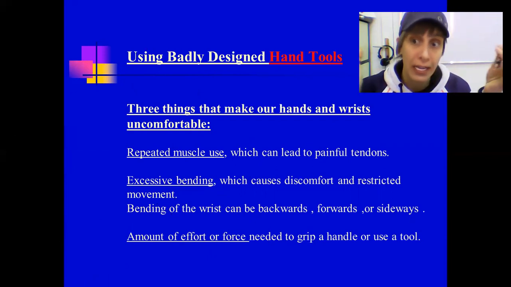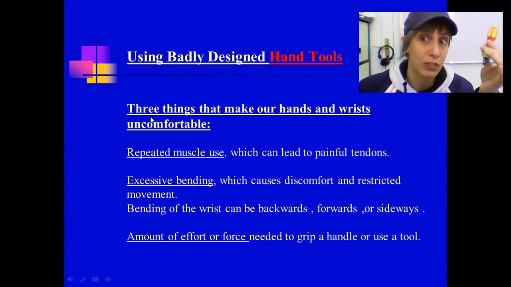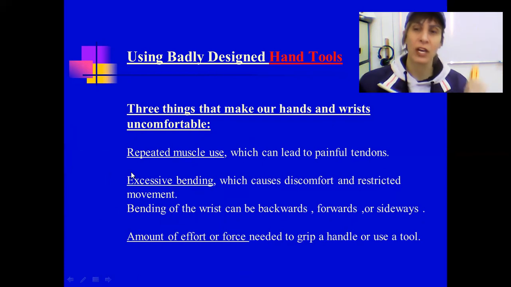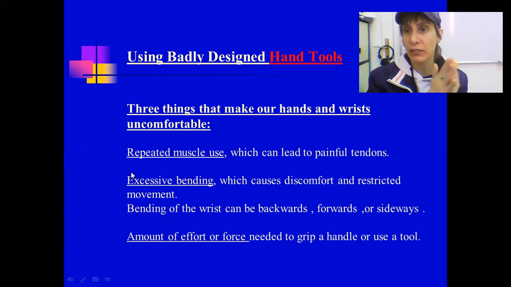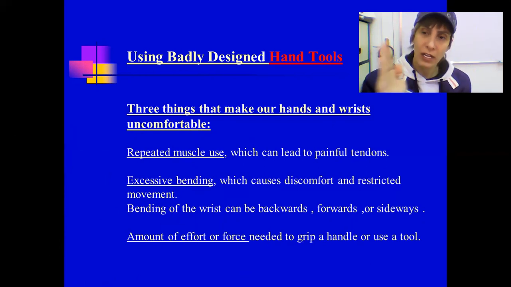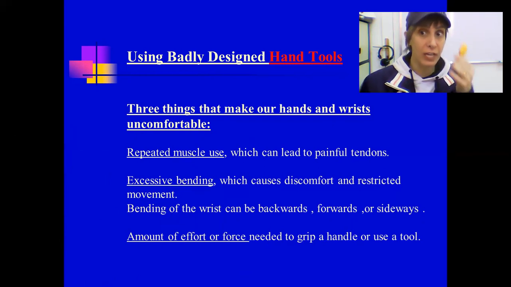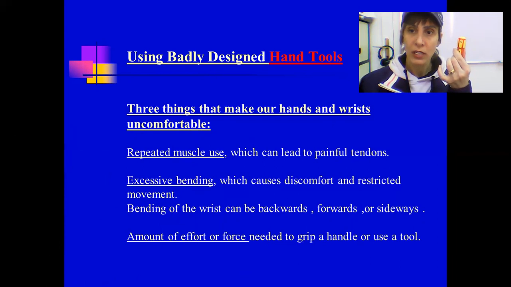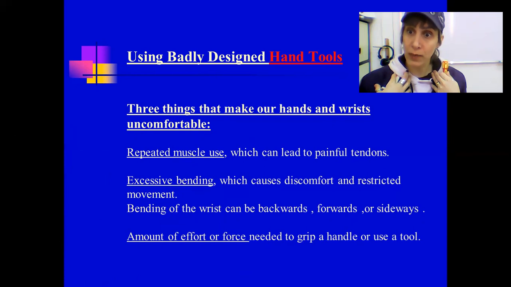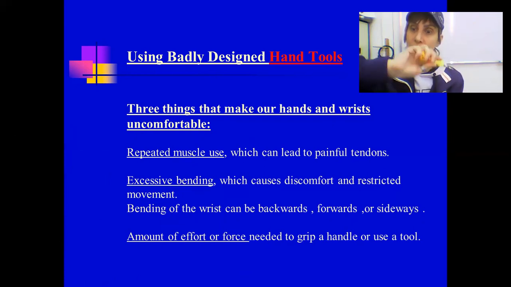And also the degree: how much repeated muscle use, how much excessive bending, what's the amount of force? All of these questions, they don't have a clear answer. You must look at each one of them and decide for the tool. So you must observe the whole situation while the human is performing a task with this tool.